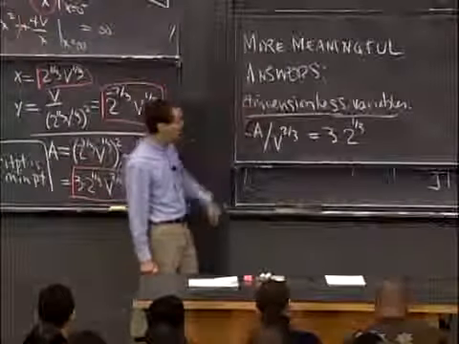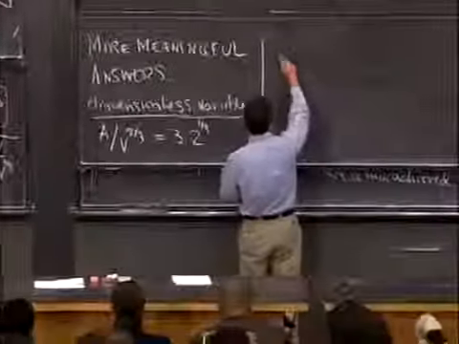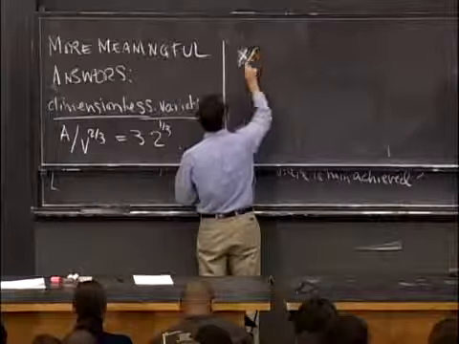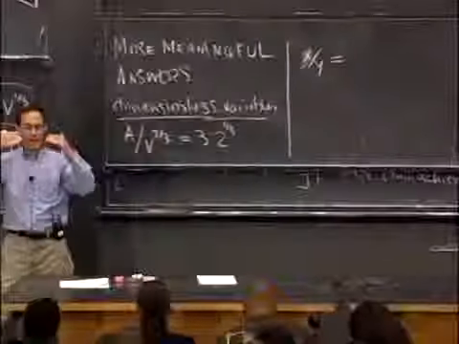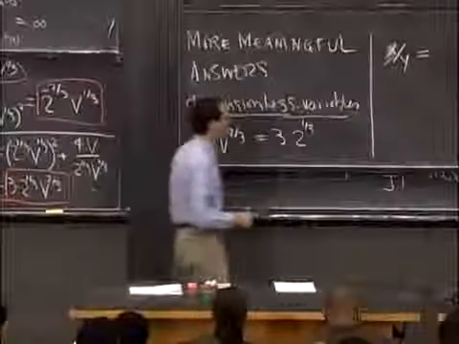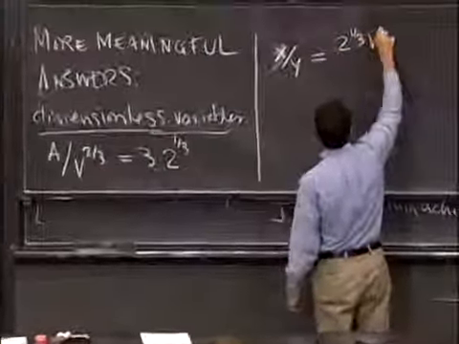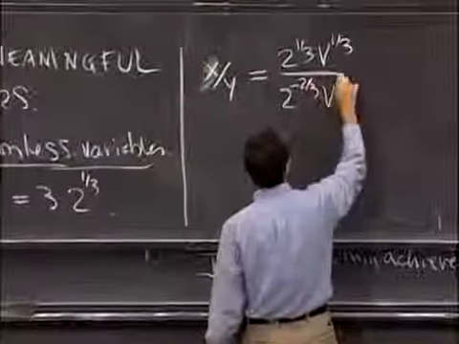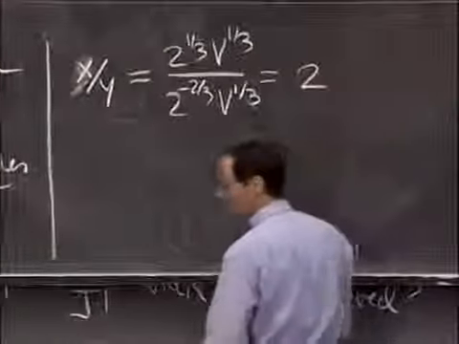and you have a dimensionless number here, which is a characteristic independent of what A and V were. The other dimensionless quantity is the ratio of y to x, or x to y. All right? So again, that's inches divided by inches. And it's 2 to the 1/3 v to the 1/3 divided by 2 to the minus 2/3 v to the 1/3, which happens to be 2. All right?